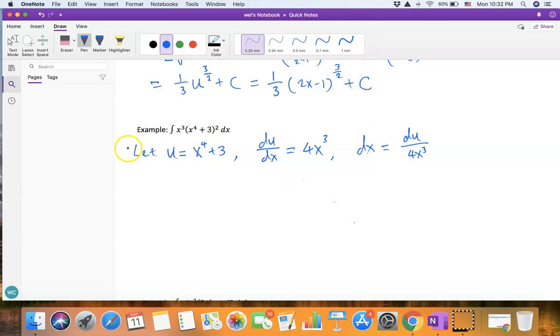Now in this integral, x to the 4th plus 3 is replaced by u, so we have u squared, and dx is replaced by du over 4 times x to the 3rd.